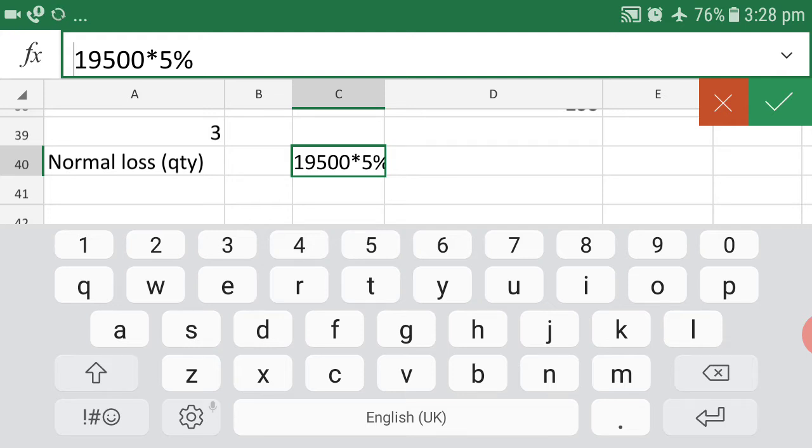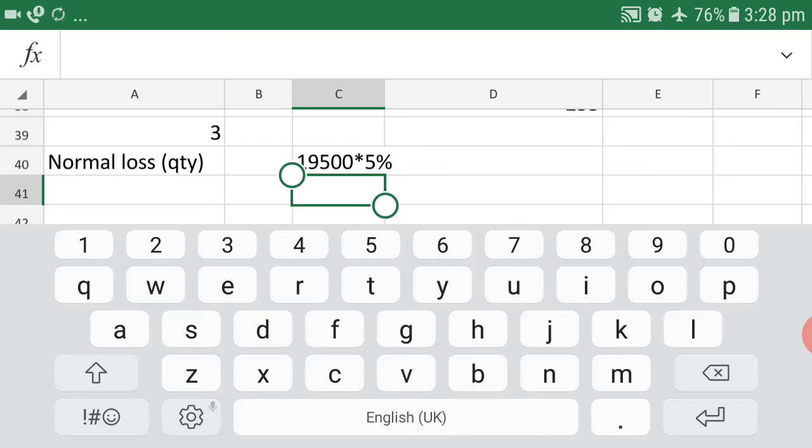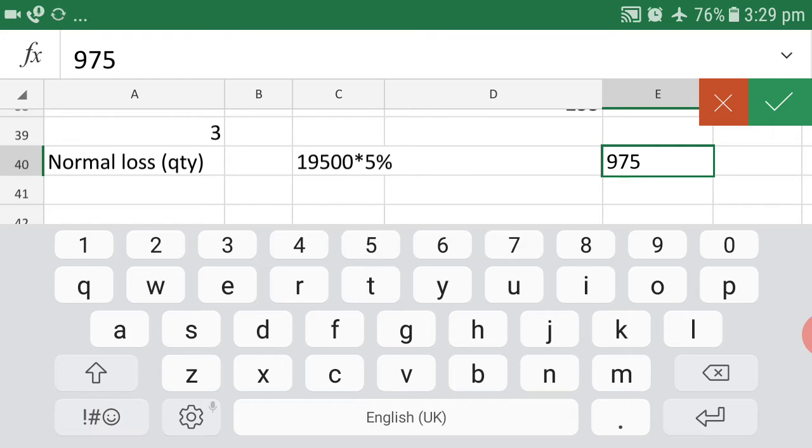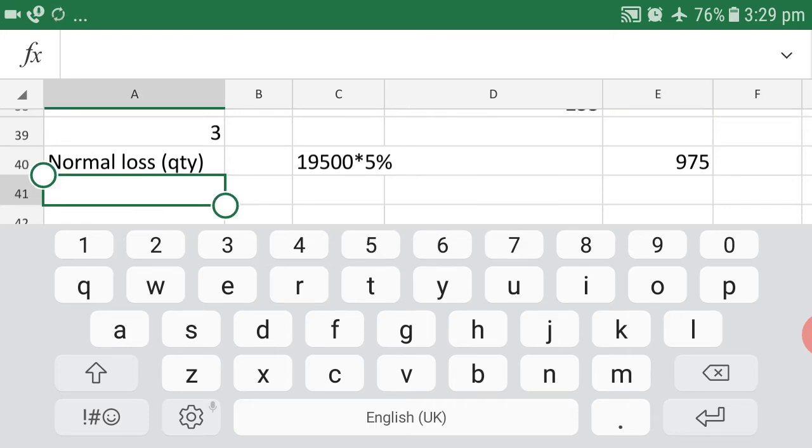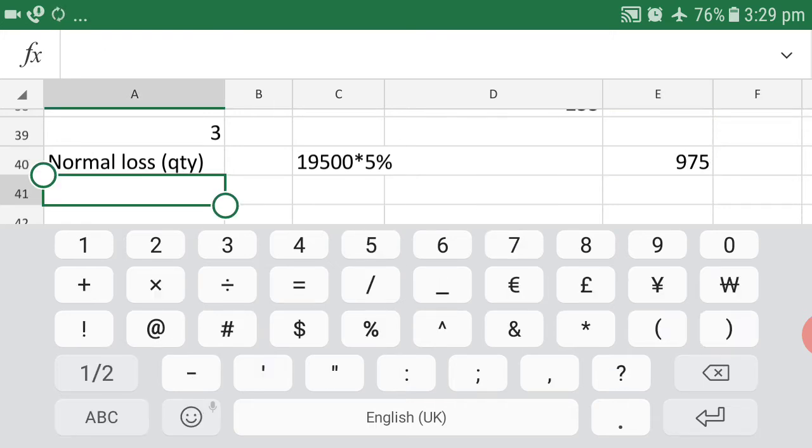If you want to write it down, you can write it in your note. Quantity we got 975. Then we need to calculate normal loss in value.